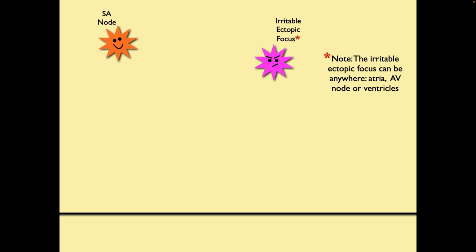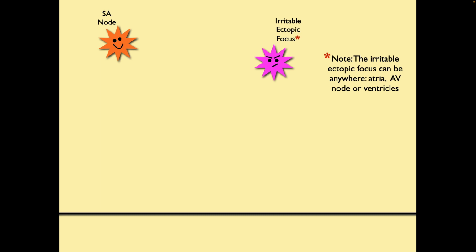Now, remember the whole point of this is we're describing the mechanism of a premature beat. The SA node is just firing off, nice and regular. But this little spot here is becoming more and more irritable, more likely to fire off. And all of a sudden it does, maybe only once.